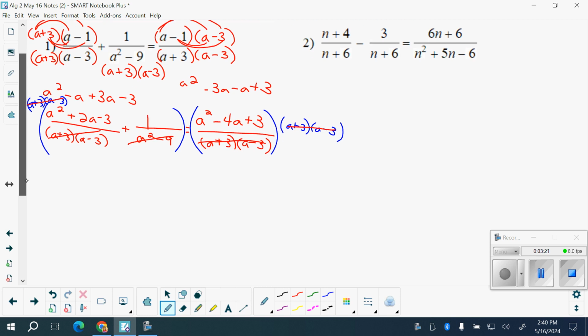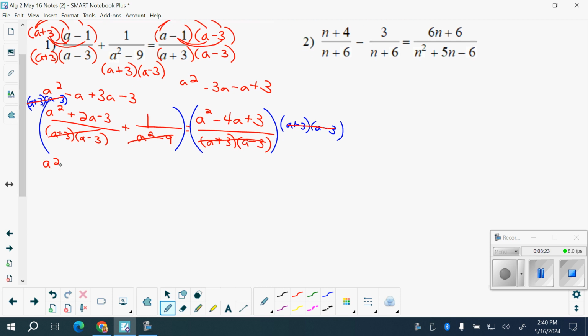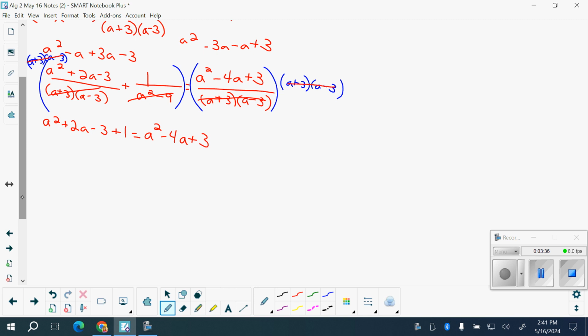So our next step is going to be a squared plus 2a minus 3 plus 1 is a squared minus 4a plus 3. What would we do next? We've got some like terms on this left-hand side, so let's add those together. A squared plus 2a minus 2 is a squared minus 4a plus 3.